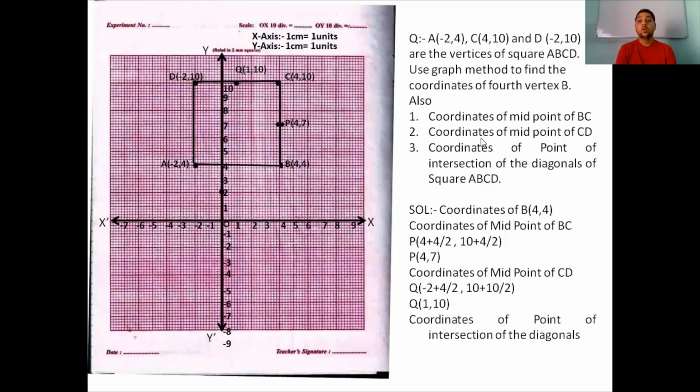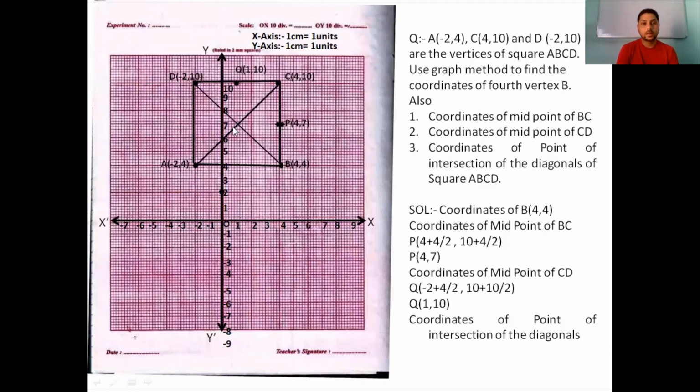Then we have the coordinates of the point of intersection of the diagonals. The diagonals are AC and BD, and these two diagonals meet at this point. Now find the location.